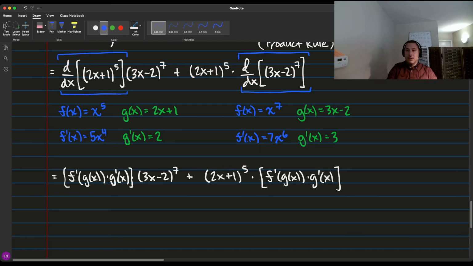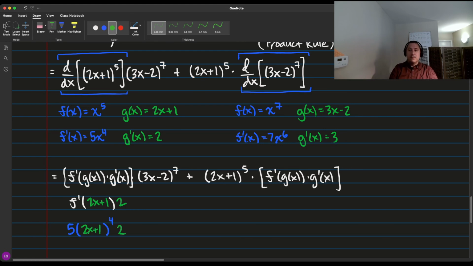So we're going to do f prime of our g of x, where g of x is 2x plus 1. And we're going to multiply that by g prime, which is 2. Now f prime is 5 raising your power to the 4th. So what's being plugged into f prime? The 2x plus 1.